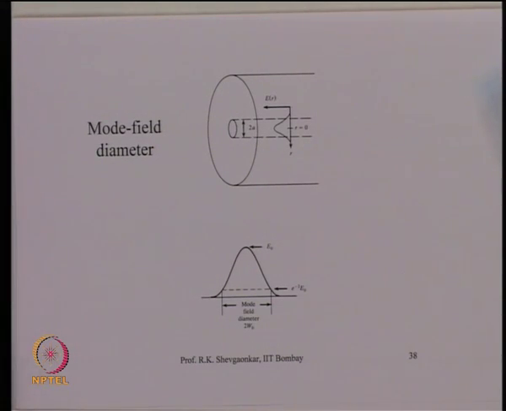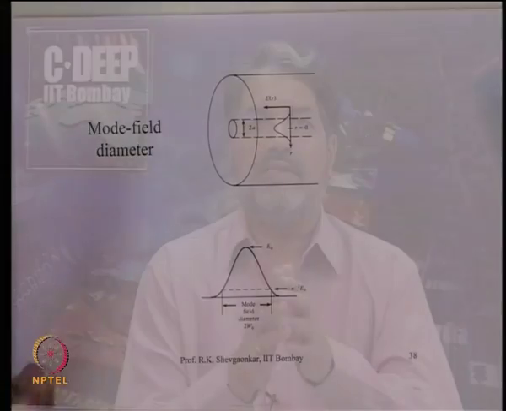Now, in a single mode optical fiber, the V number essentially used to tell us how the energy is distributed in the core and the cladding. And the distribution was a simple distribution; as I mentioned, it is very close to a Gaussian distribution. The same purpose can now be served by this parameter called the mode field diameter of the fiber.